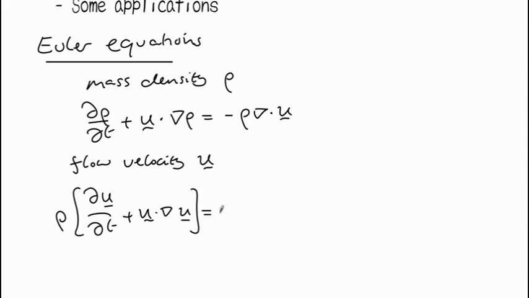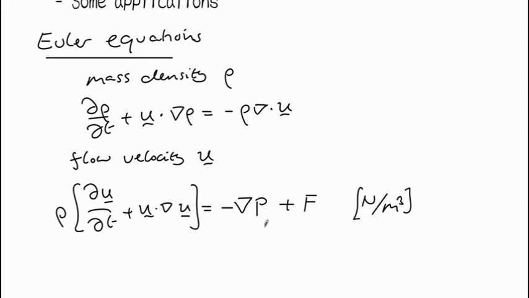On the right hand side we have forces per volume: the pressure gradient, and then other external forces, in newtons per cubic meter.